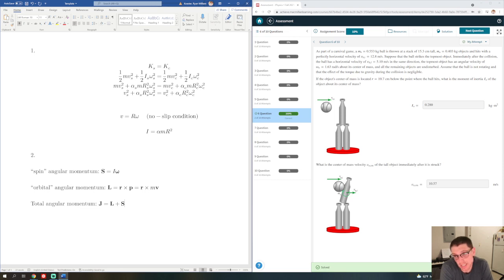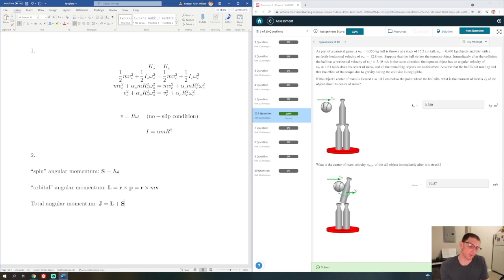And that will be fine here because we don't really care so much about the vector nature of the orbital angular momentum, but it is there. It is a thing. Nicely in this problem, we'll see that theta is just 90 degrees, and sine of 90 is of course 1, so the sine isn't even there.